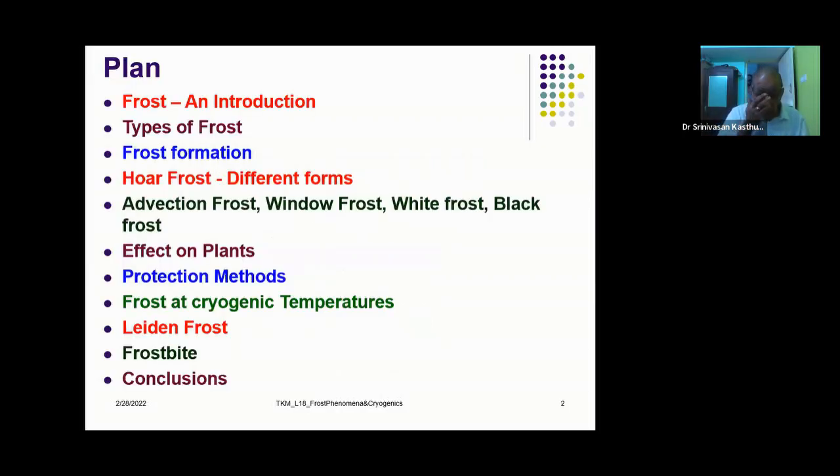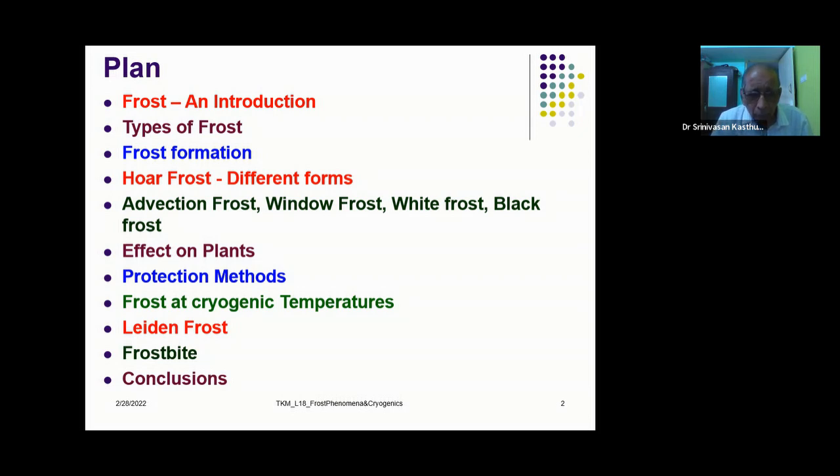The plan of my presentation is going to be something like this. We will introduce what is frost, the different types of frost, how the frost forms.